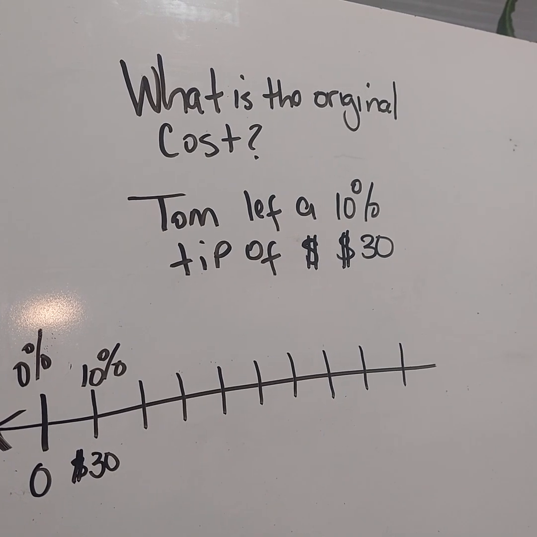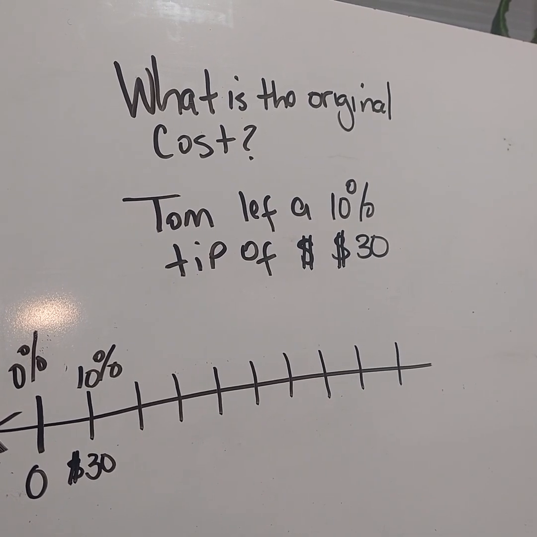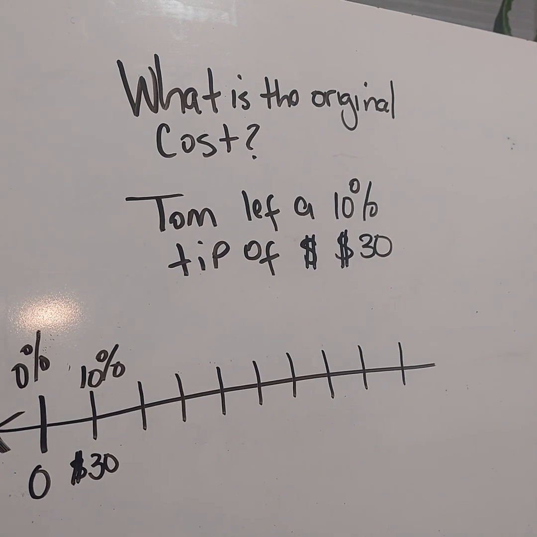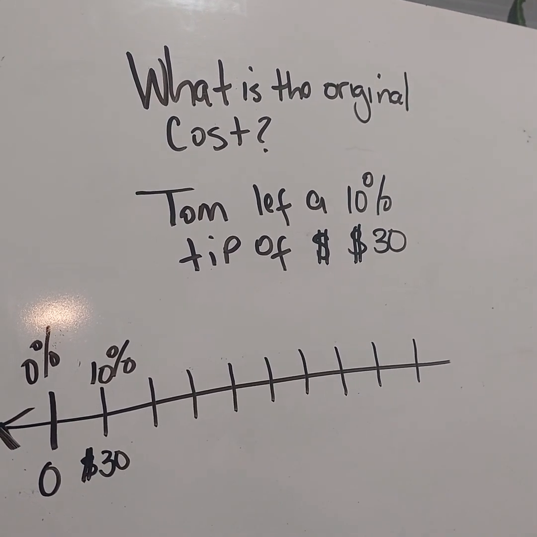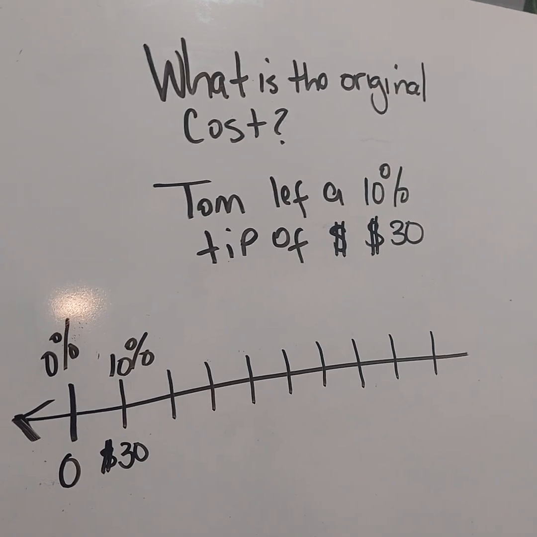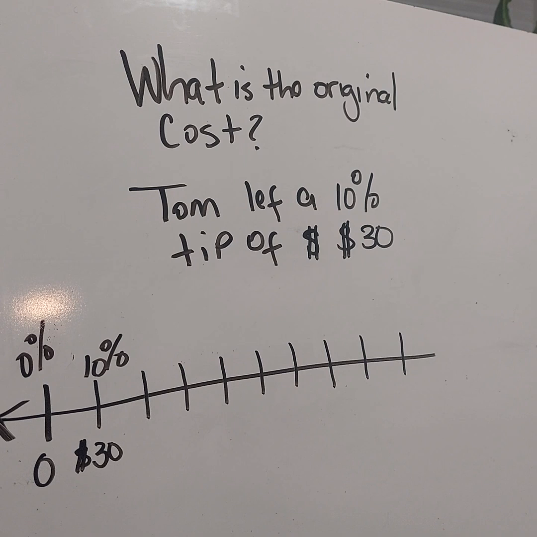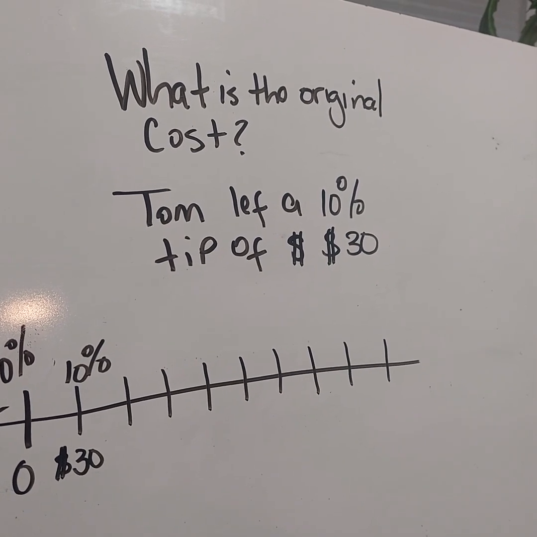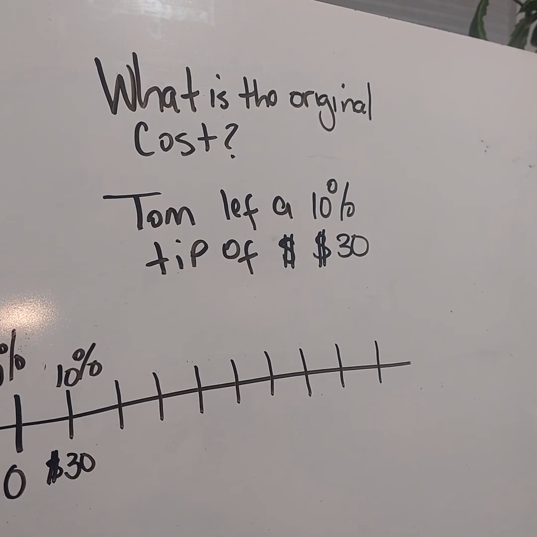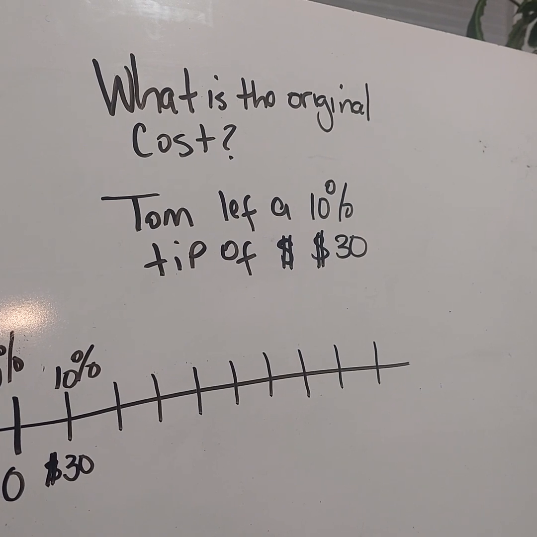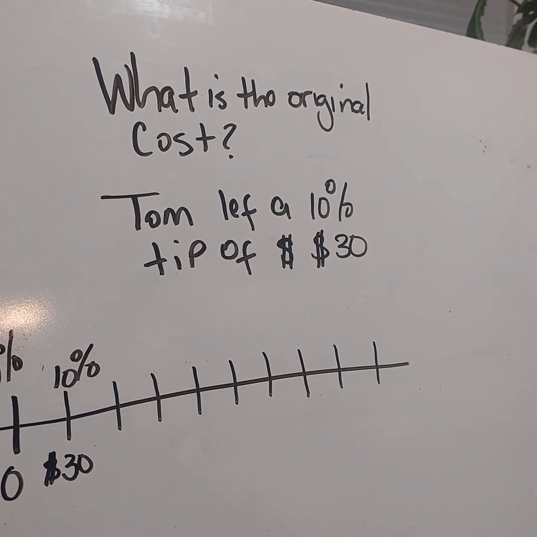What you see is I have a number line once again, and I just included information that we know. We know that $30 represents 10%. Now, 10% tells me that it represents 1/10 of 100, right? Because 10 times 10 is 100.